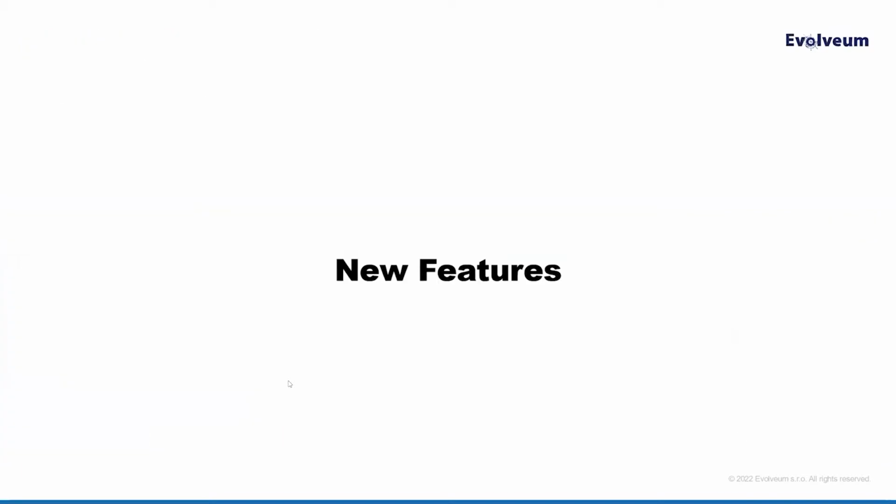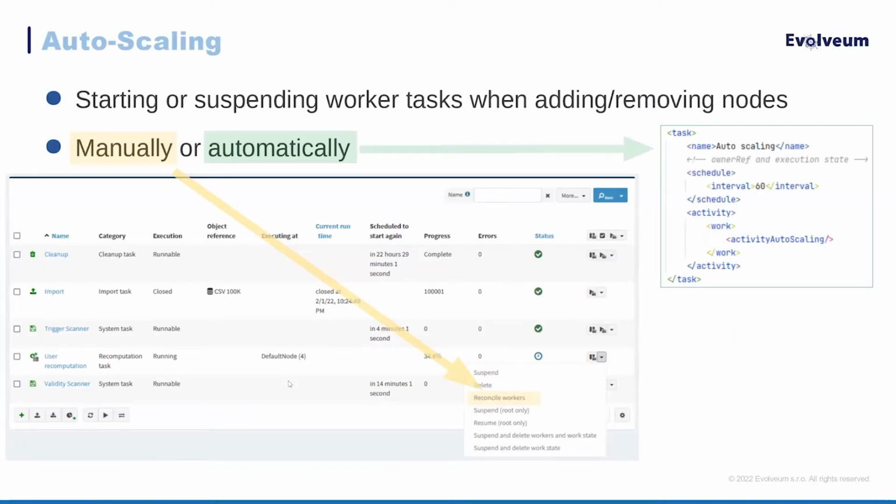And now let's have a look at the most important new features. When you start a cluster task, it automatically starts the workers on cluster nodes according to what you specify in the task definition. However, if you add new nodes to the cluster, the task does not automatically create new workers.